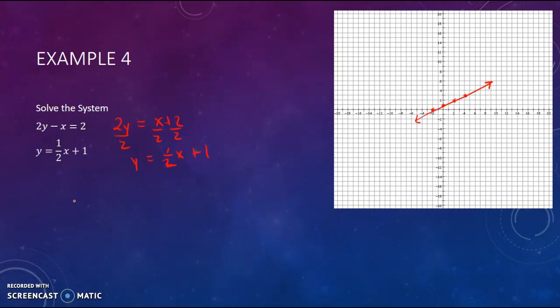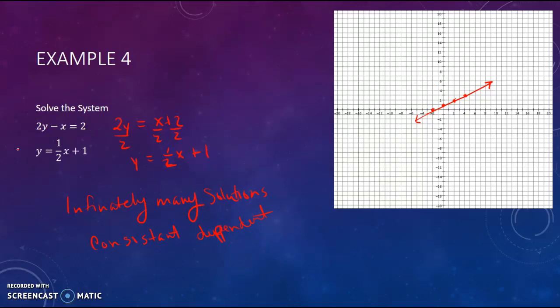And so because of that, this is an infinitely many solutions. And if we're used to our fancy names, that would mean that this is a consistent dependent system.